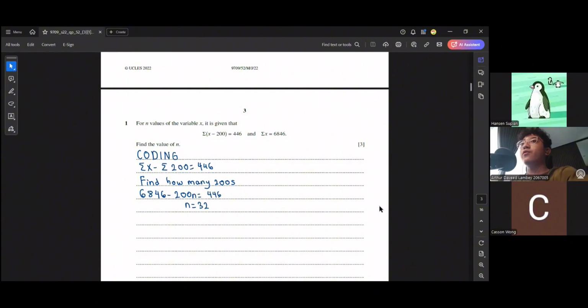It means that for each value of x, for example, if the value of x is 201, 202, 203, with their probabilities, then when it says that it's subtracted by 200, the new table becomes x 1, 2, 3 because the 200 is subtracted. So the sum becomes 446.